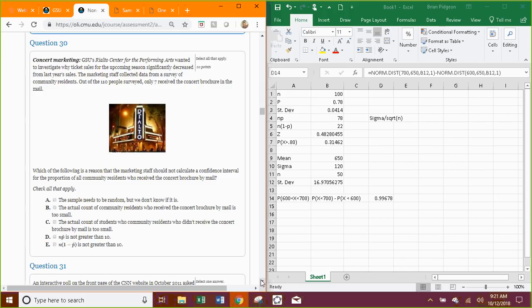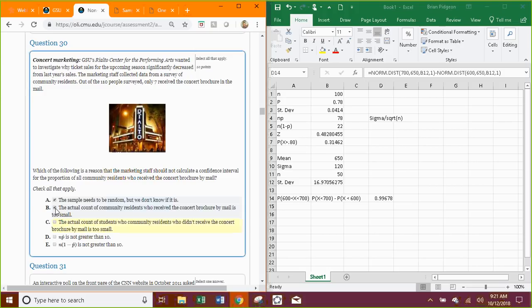Concert marketing, I'm not going to do the whole thing, but out of 110 people surveyed, only 7 received the concert brochure. So actually I do need to read it because I need to see it. It's from a survey. We don't know if it's random. The actual count of residents who received the concert brochure by mail is too small.